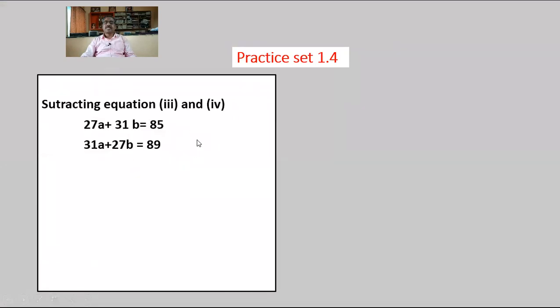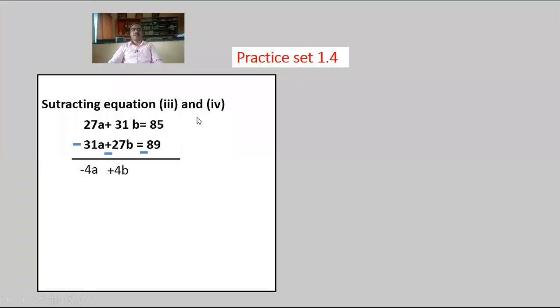Subtracting these two equations, 27a minus 31a is equal to minus 4a, since the greater number is 31, which has a negative sign. Here 31b minus 27b is equal to plus 4b. And 85 minus 89, the greater number has a negative sign, is equal to minus 4.